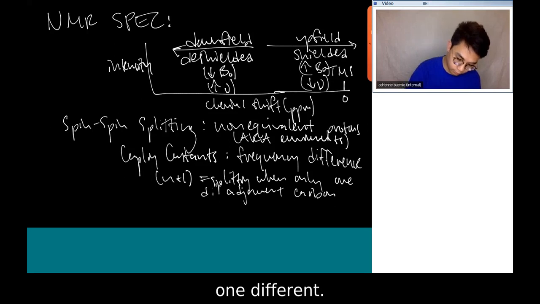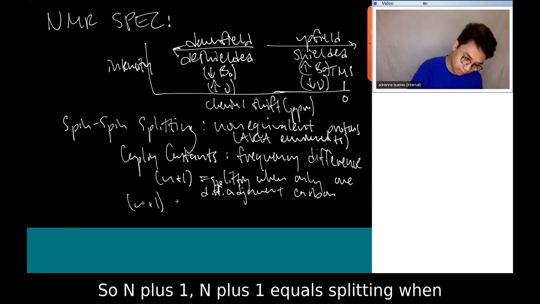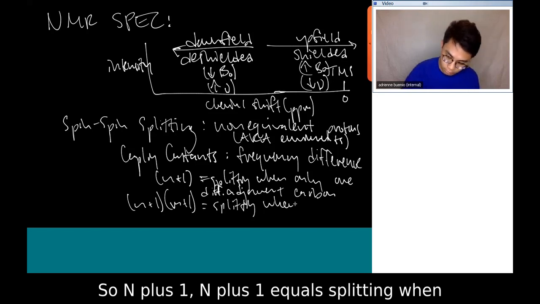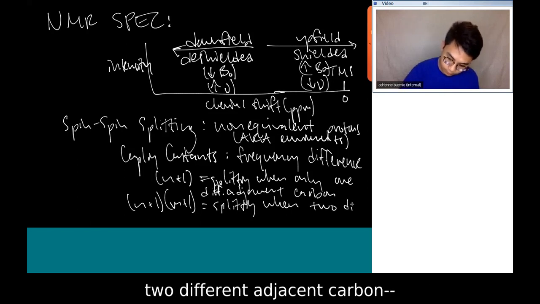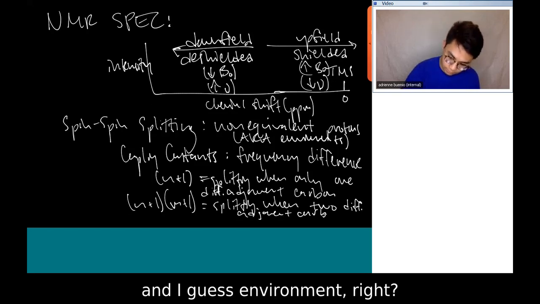So n plus 1 equals splitting when two different adjacent carbon environments are involved.